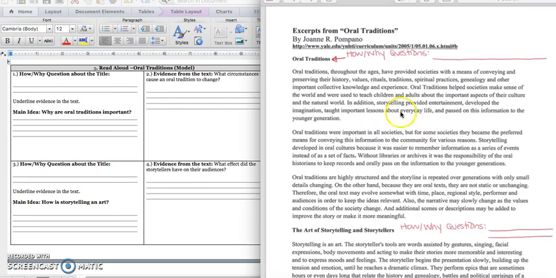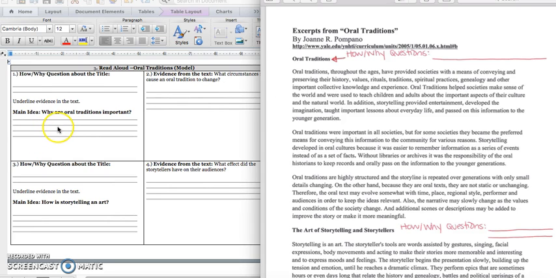And also that it's easy to remember and entertaining. So she says those things more than once. So I'm going to take those ideas that she's repeated and combine them into my main idea in box 1. Get ready to write the main idea.